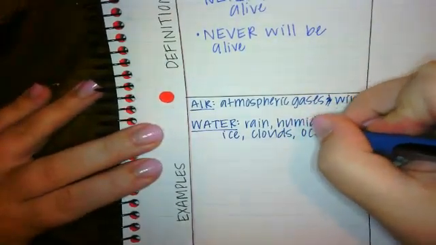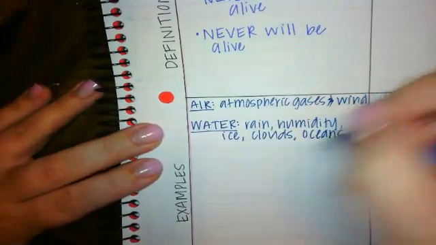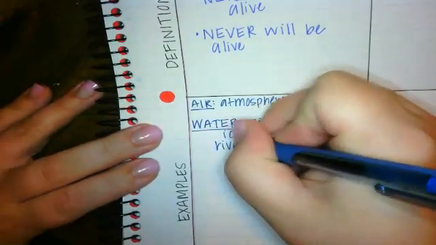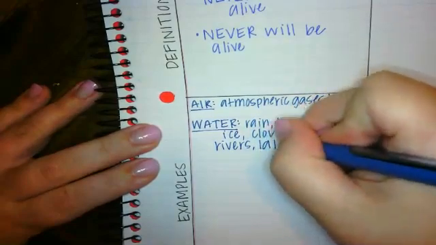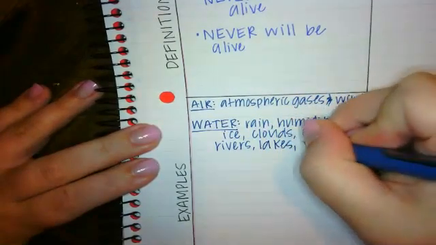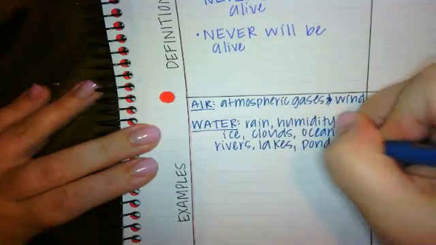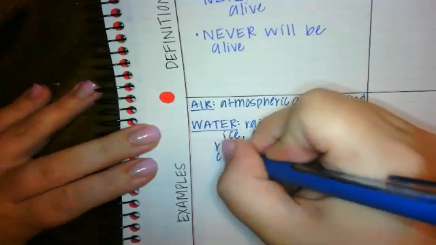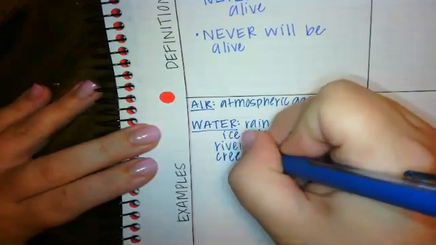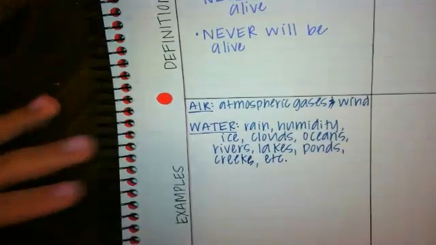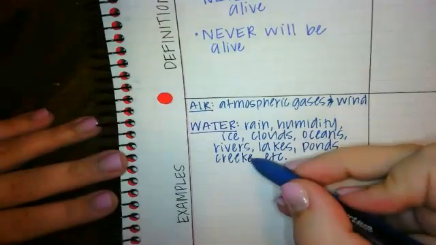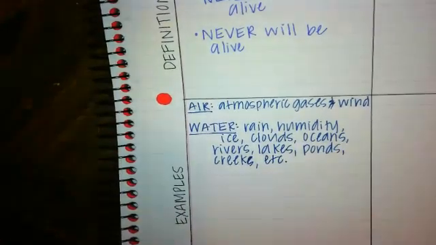This also includes oceans, rivers, lakes, ponds, creeks. And then we're going to put etc., which stands for et cetera. So anything else that falls into this same or similar category is going to be considered non-living.